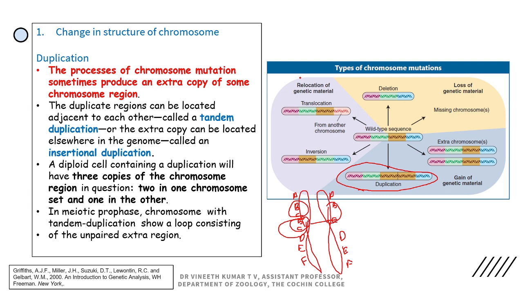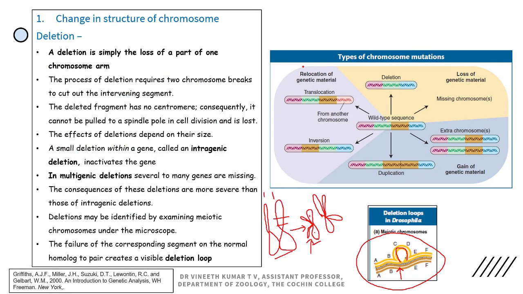The other one is called a deletion loop. The difference between a duplication loop and a deletion loop is that, as we said, in a deletion the loop is seen in the normal counterpart. As you see here, the loop is formed in the normal chromosome, not in the deleted one.